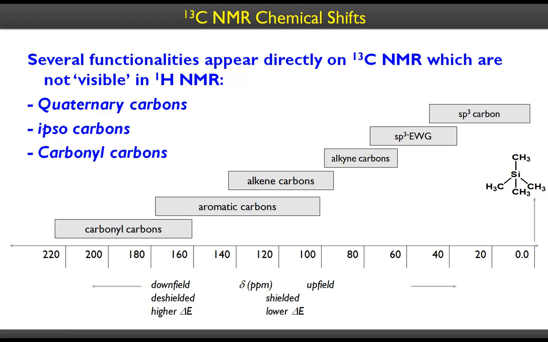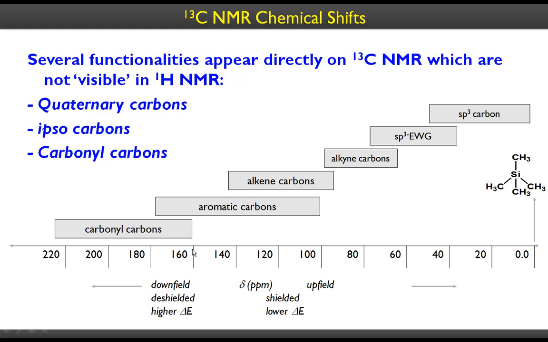The aromatic carbons would vary depending upon the electron density of the sextet. If you have electron withdrawing groups on the aromatic ring, you have downfield shifts on this side. If you have electron donating groups, you would have the carbons coming in this area. Carbonyl carbon is a very important window of C13.